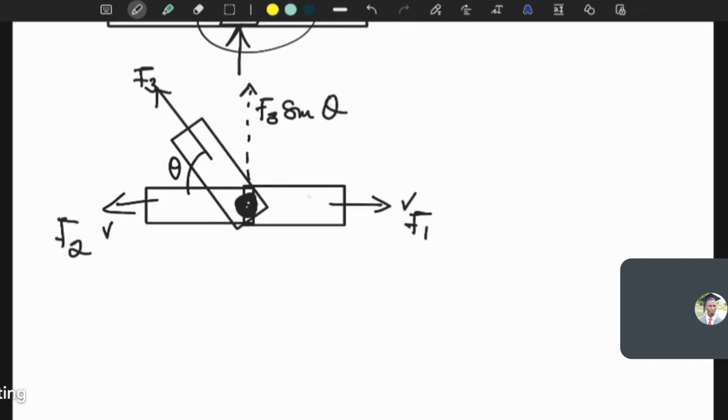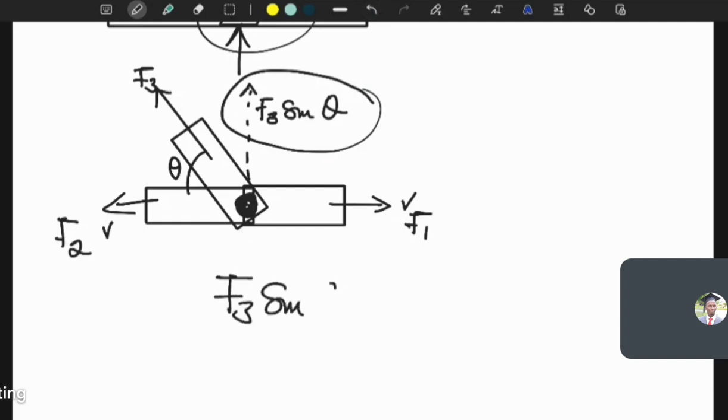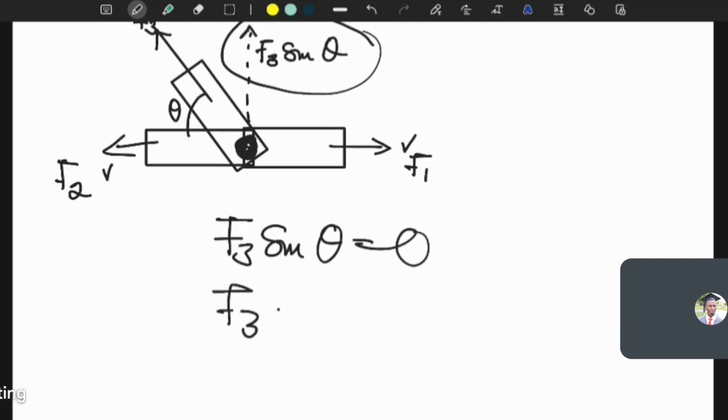Notice that it will still remain the only one in the y-axis. F1 is strictly in the x, F2 is strictly in the x, meaning F3 will be the only one with a y component. So as long as there is no external force being applied here, when summing forces in the x-axis, in the y, you still have this is equals to 0, meaning that F3 will still be equals to 0. It will still be a zero force member.